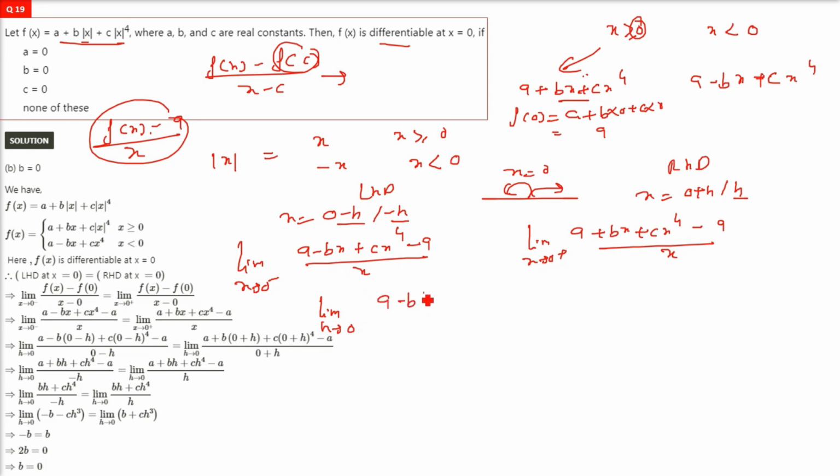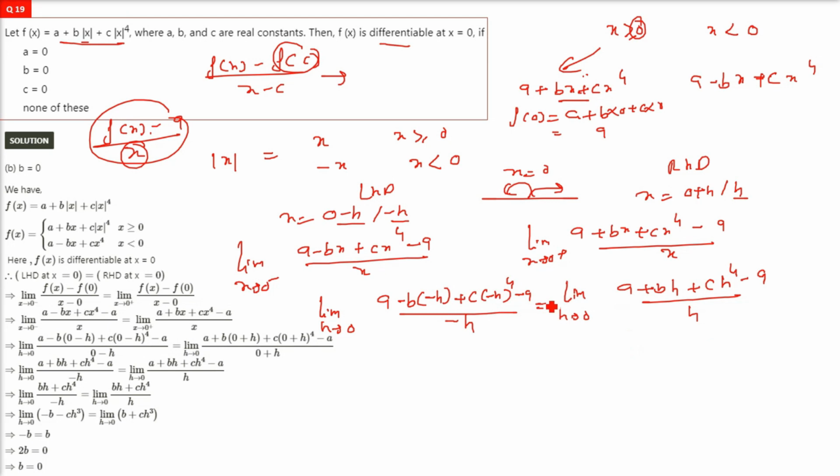So in this limit, I am putting x as negative h: (a minus b(minus h)... a plus b h plus c into (minus h) to the power 4 minus a) divided by negative h. Just replace x by negative h. On the right, we get limit h tends to 0, again just replace x by h: (a plus bh plus ch to the power 4 minus a) divided by h. Right?